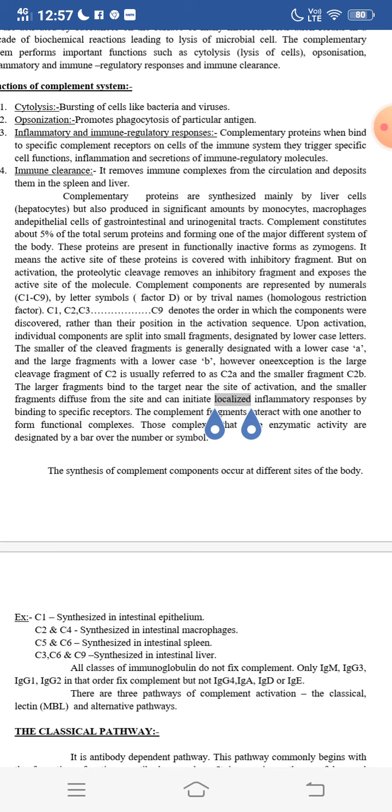The small fragments are denoted by the small letter a, and the larger fragments by the small letter b. However, one exception is the large cleavage fragment of C2.